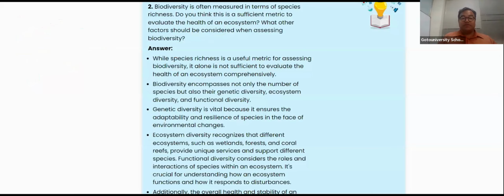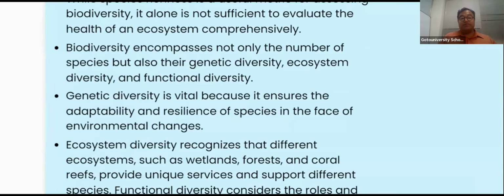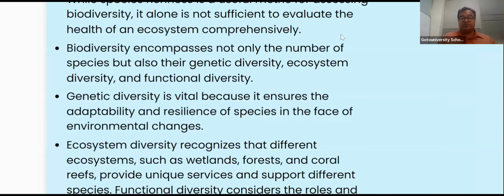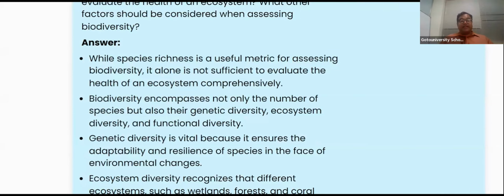Now, biodiversity encompasses not only the number of species, but also genetic diversity, ecological diversity, and functional diversity. We know very well the ecological diversity and functional diversity. Can you give an example?